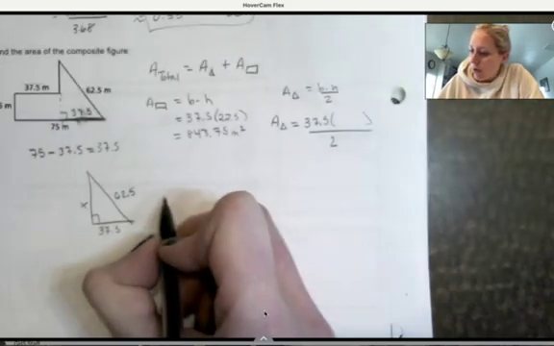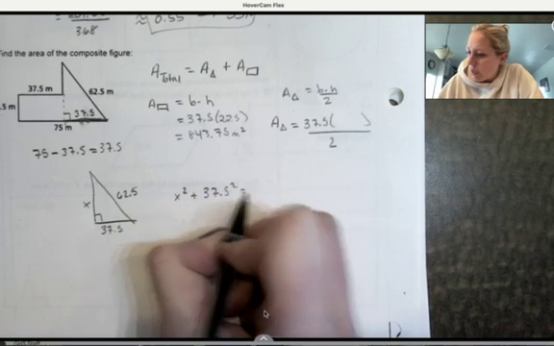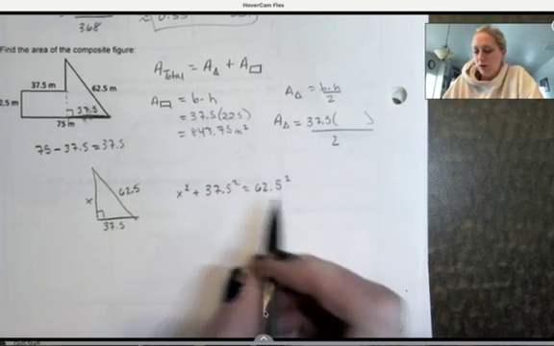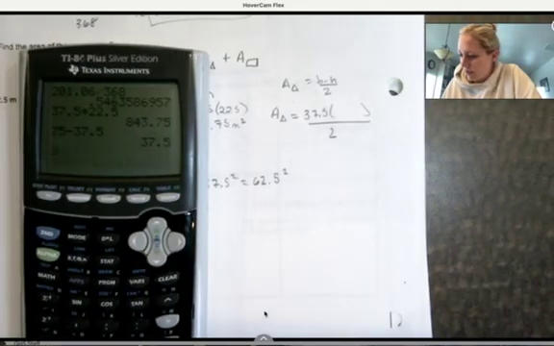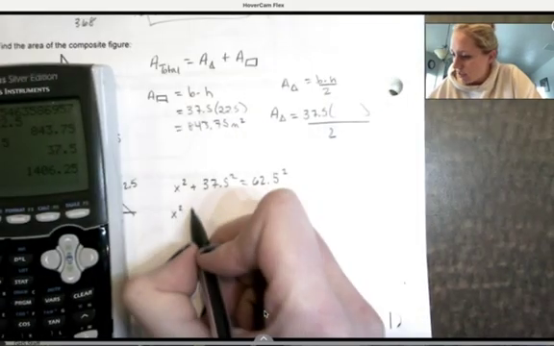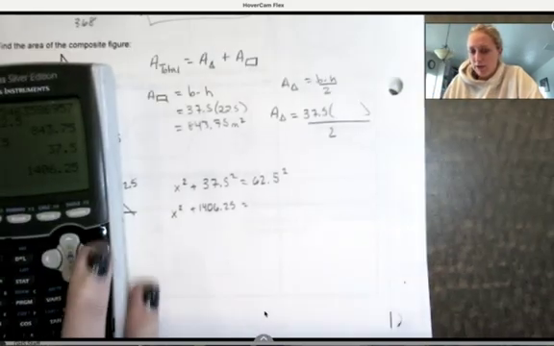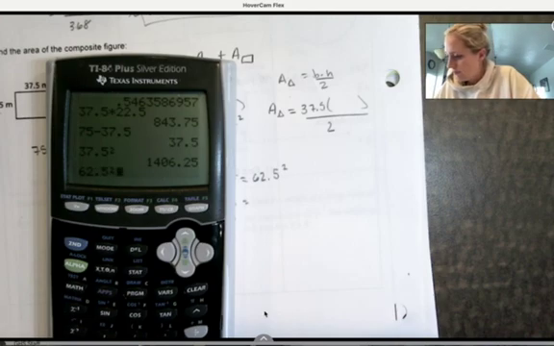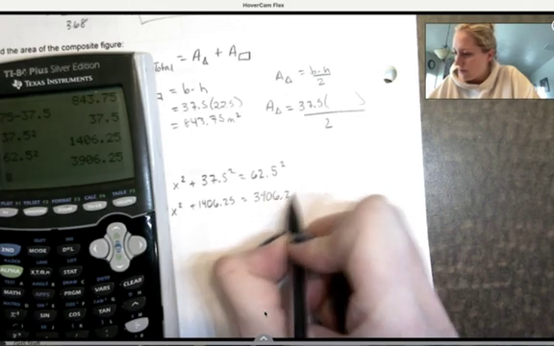Okay, so we have a squared plus b squared equals c squared. 62.5 must be our c because it's the hypotenuse, so I'm going to square both of those. Okay, so 37.5 squared is 1406.25. Now we're going to do 62.5 squared, which is 3,906.25.